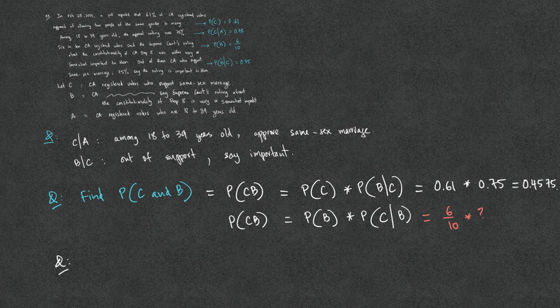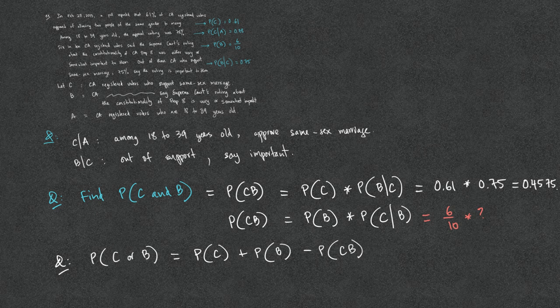Another question. What is the probability of C or B? Again, armed with the symbolic form, we have a formula for the probability of two events joined with the word OR. This is the probability of the first event plus the probability of the second event minus the probability of the two events together.